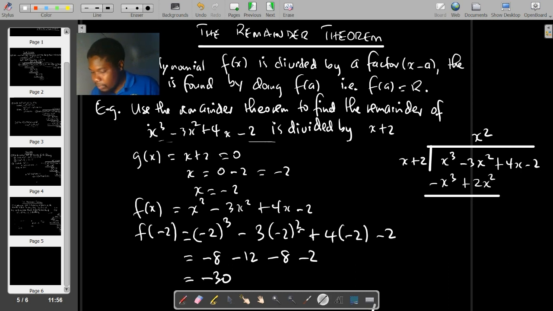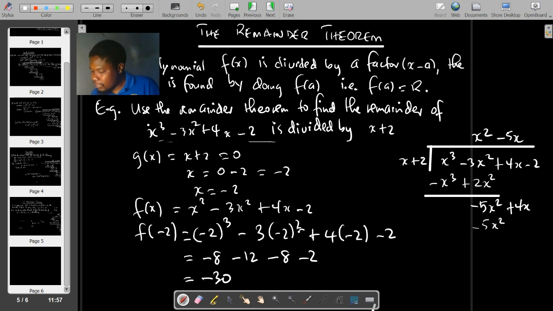When you subtract, you get a 0 there. Negative 3x squared minus 2x squared gives you negative 5x squared, and then plus 4x here. x into negative 5x squared gives us negative 5x. Negative 5x times x is negative 5x squared.